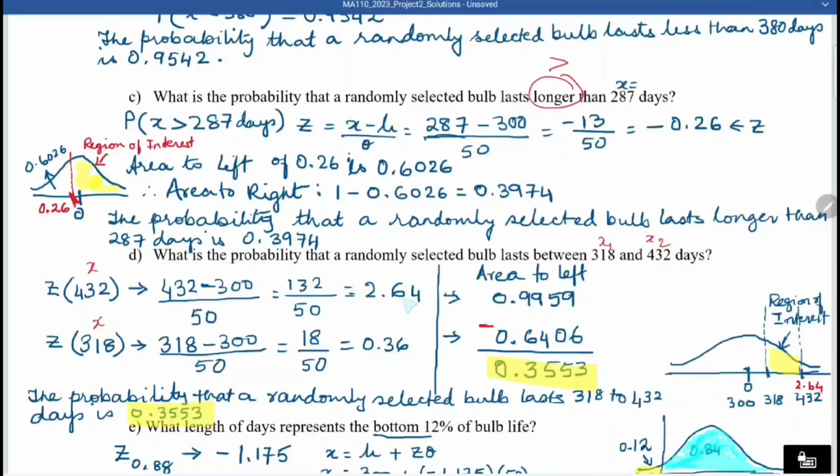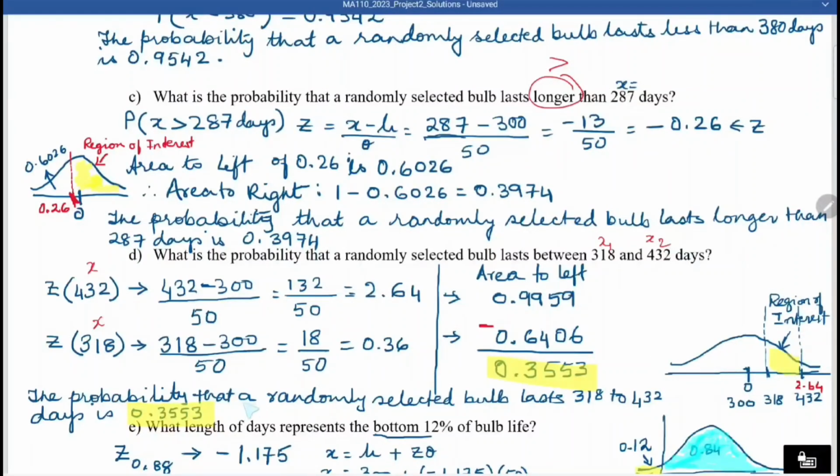The z values are 2.64 for 432 and 0.36 for 318. Find the corresponding areas, and subtract them, because we are finding the area between two z values. You will get your probability value.